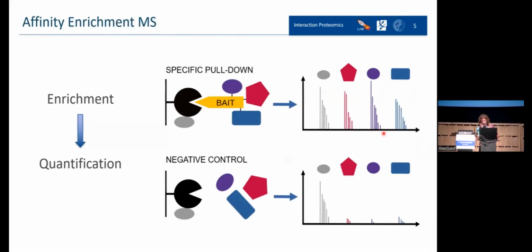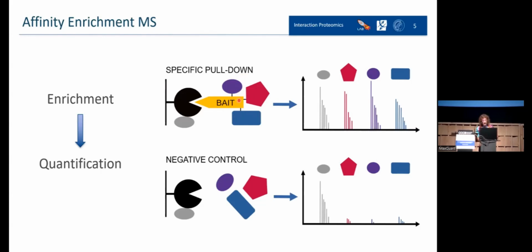There is also another way to do this that uses protein quantification. This is called affinity enrichment mass spectrometry. As you can see from this very simple image, we have an antibody. Then we put into our sample a bait that we know will bind other proteins, will form a complex with the proteins that we are interested in, that we are actually looking for.